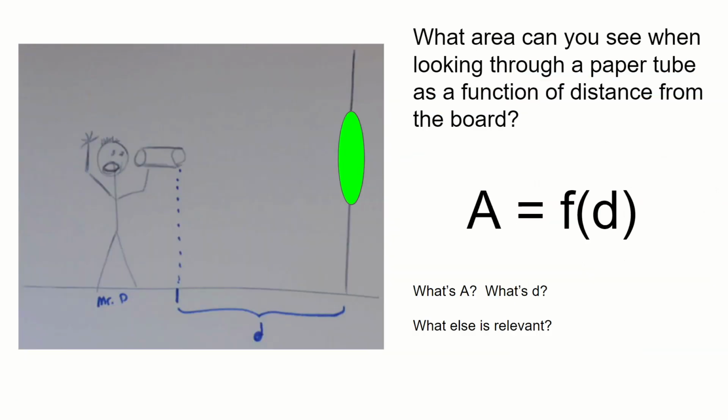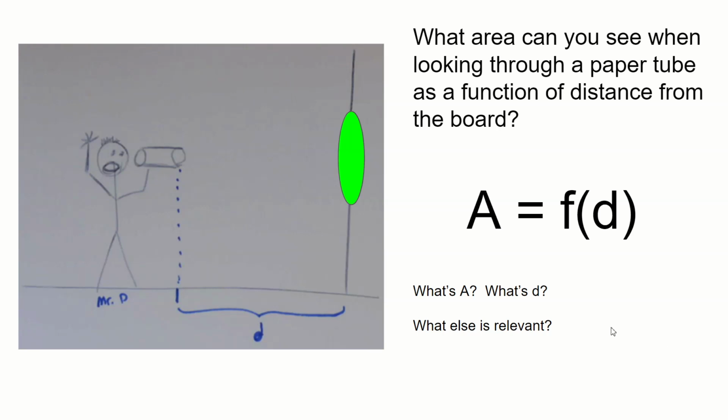So our activity for today is we're going to try and do a simple model that doesn't have an obvious application or purpose, but it will serve our learning function of being able to practice modeling. My question is, if I am looking through a paper tube, what area can I actually see? And there are a lot of things that seem related to this.